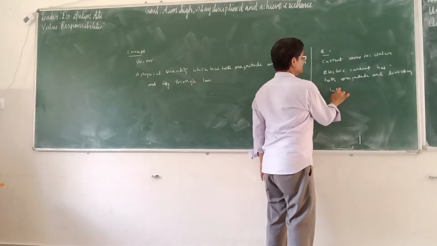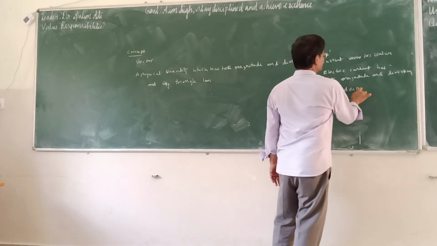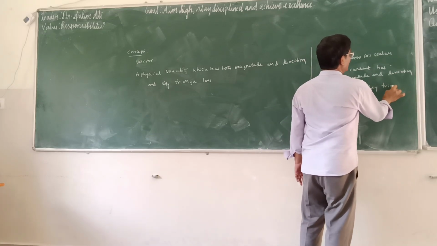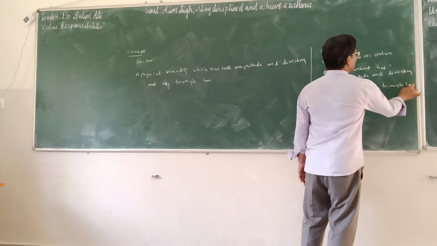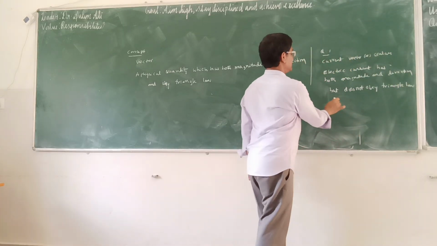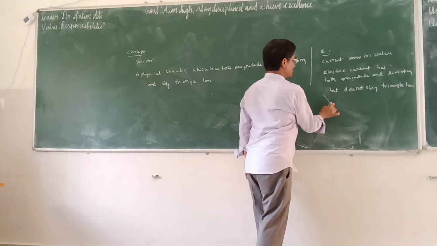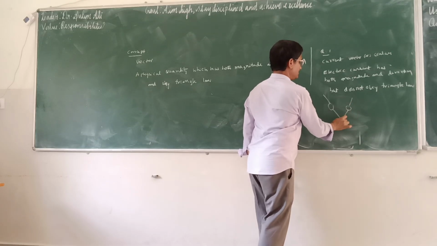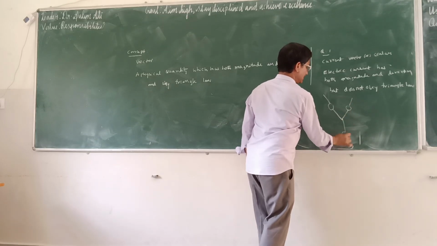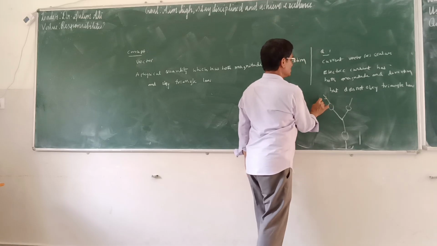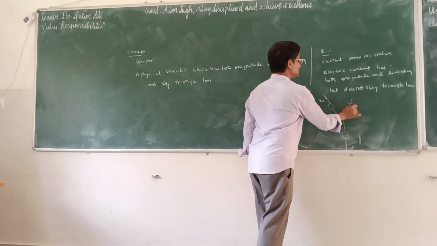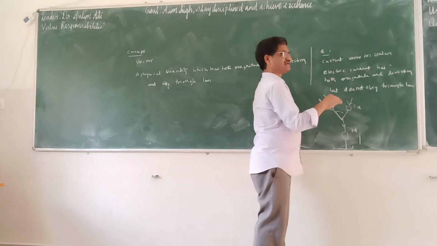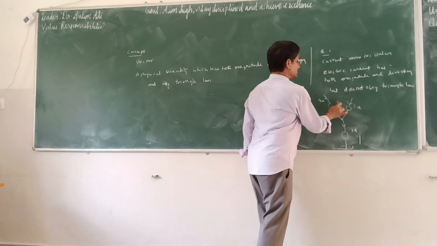But it does not obey the triangle law of vector addition. Okay. See, suppose you connect a wire with an ammeter and connect another wire with an ammeter, joined. Suppose 4 amperes and 3 amperes, it will show 7 amperes, whatever the angle, whether it is 60 degrees or 30 degrees.